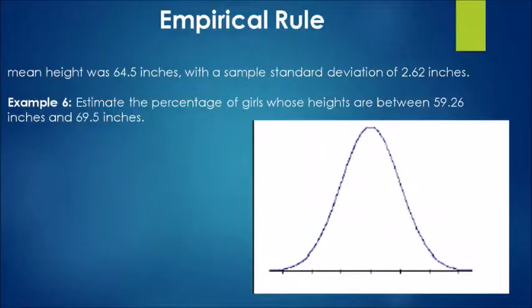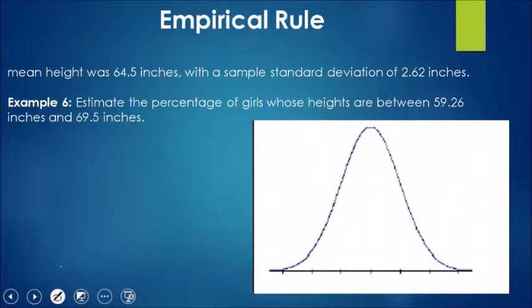In the next example, it says estimate the percentage of girls whose heights are between 59.26 inches and 69.5 inches. So I'm going to go back to the other graph, because I'll just write the numbers on it real quick. What were our numbers on the bottom of this?